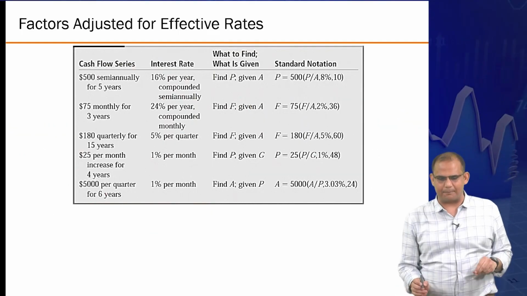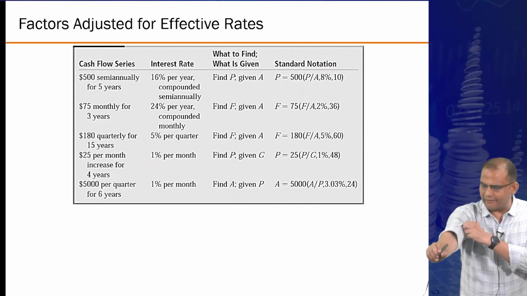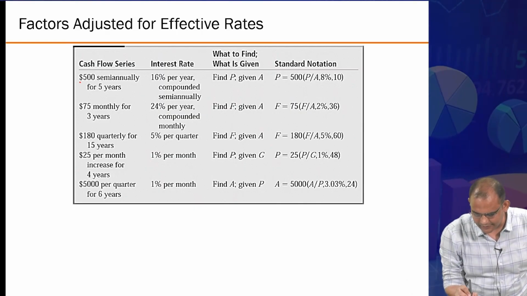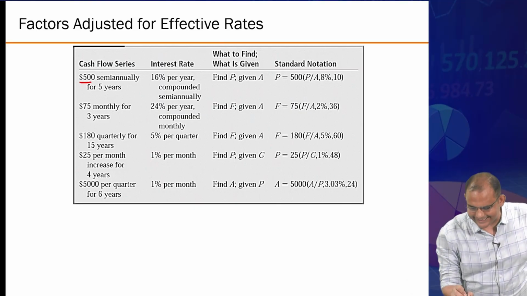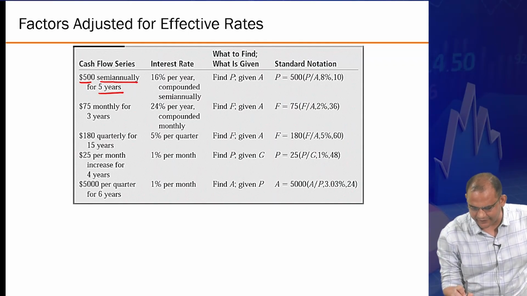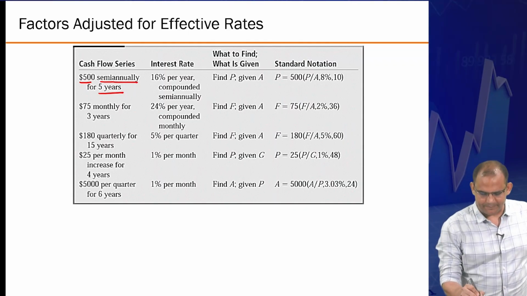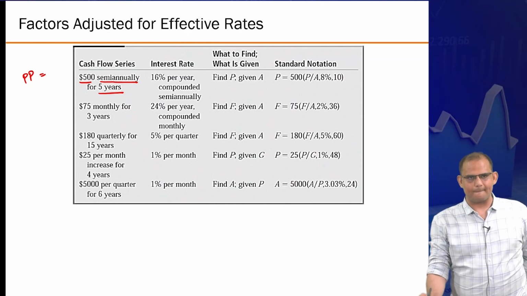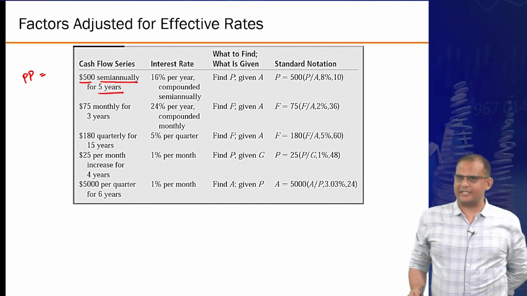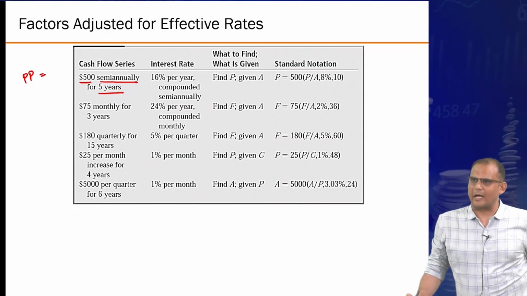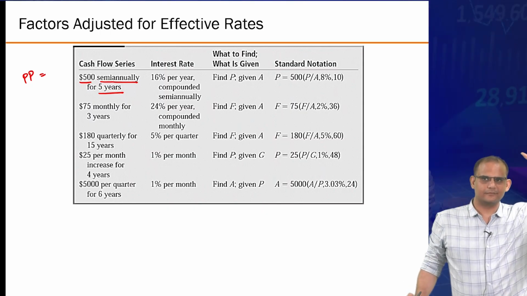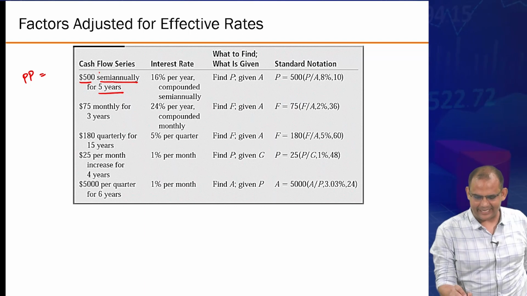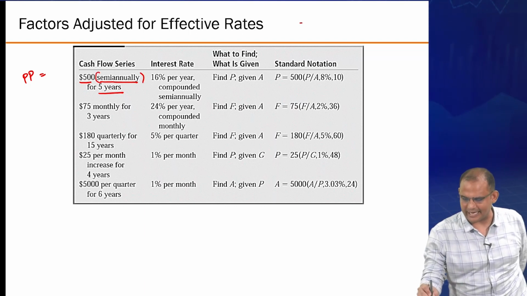Alright, some examples. So let's say you have a cash flow series, $500 semi-annually for 5 years. What is PP here? Year or semi-annual? Your period is semi-annual because you are actually paying $500 every 6 months.